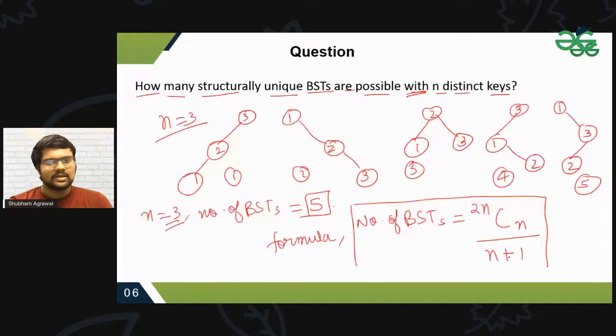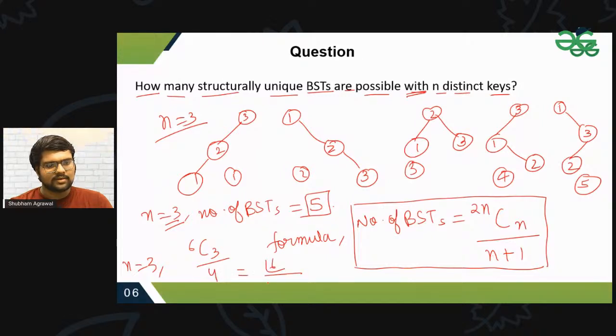Now let's take an example. Let's put n equal to 3 in this formula. So n equal to 3, so 3 into 2, it will be 6 C3 upon 4, because n plus 1 is 3 plus 1, which is 4. So 6 C3 will be 6 factorial upon 3 factorial upon 3 factorial, and we have the 4 also in the divide.